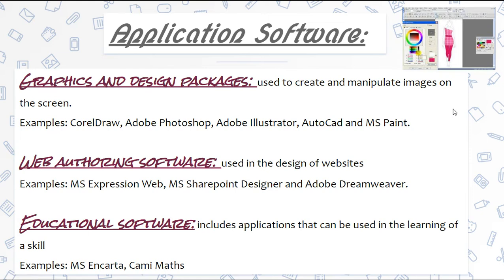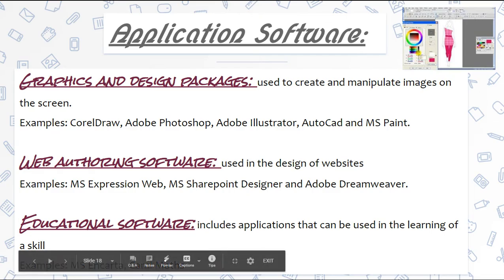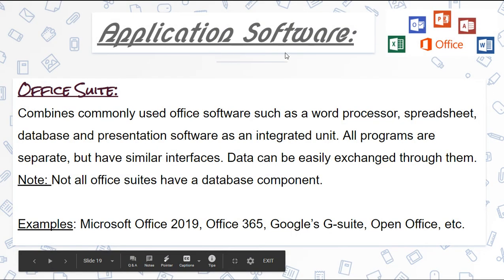Web authoring software used in the design of websites, and they include MS Expression Web, MS SharePoint Designer, and Adobe Dreamweaver. Educational software includes applications that can be used in the learning of a skill, and that would include Encarta, Kami Maths, those maths tuition programs.